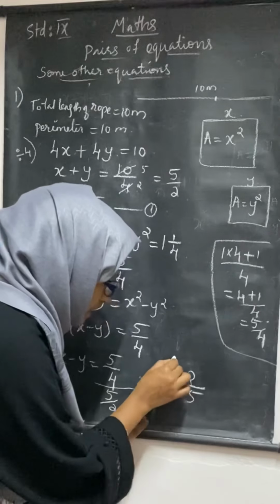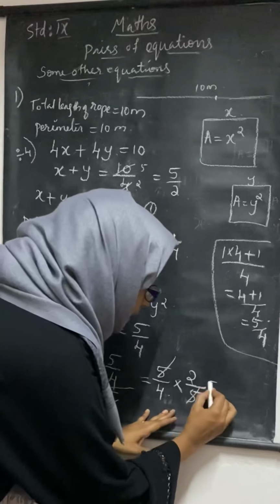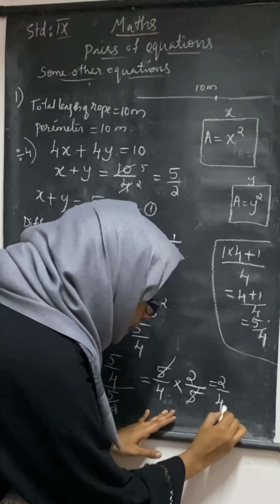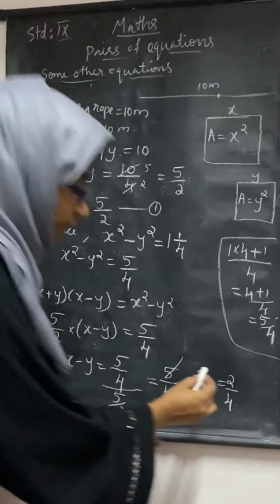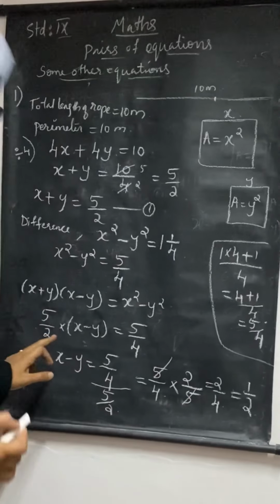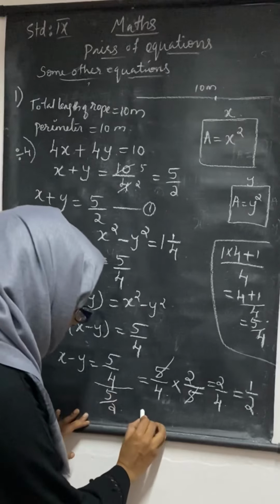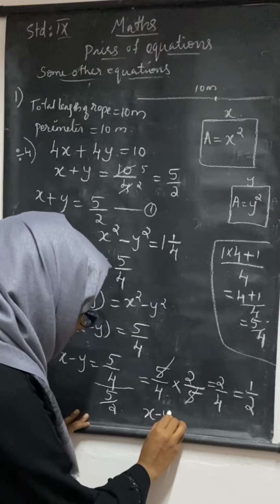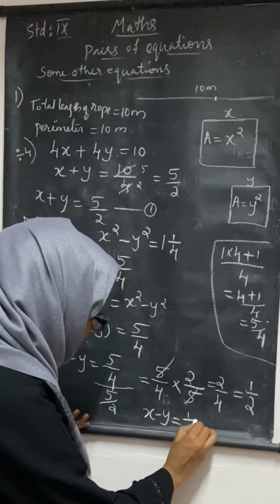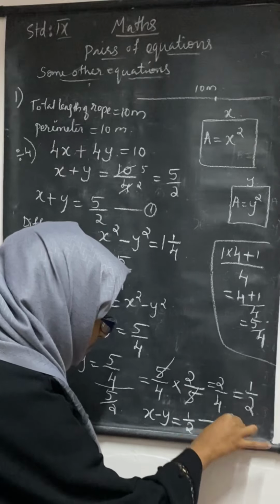So you can see 5 cancels, 5 cancels, means it is divisible. So remaining you will get 2 by 4, and again you can make shorter with a division by 2. So that is 1 by 2. Means x minus y is equal to 1 by 2. So you are getting the second equation here. x minus y is equal to 1 by 2 is the second equation.